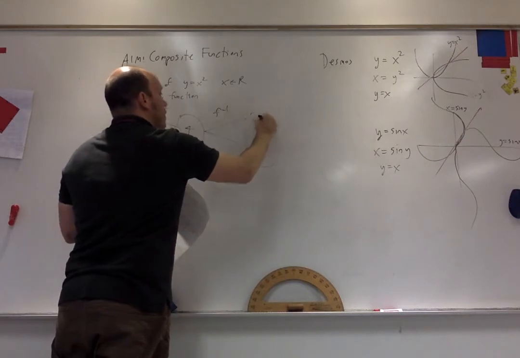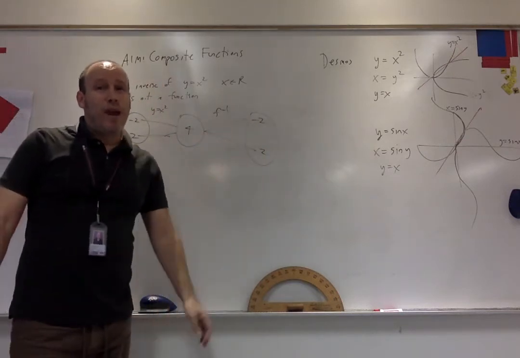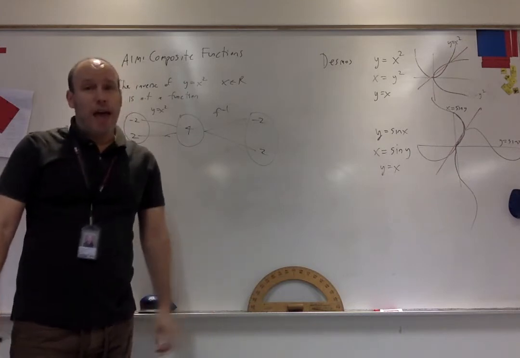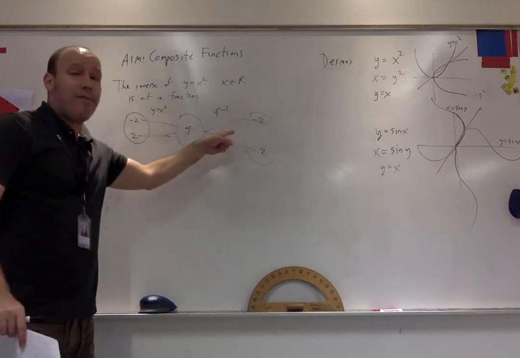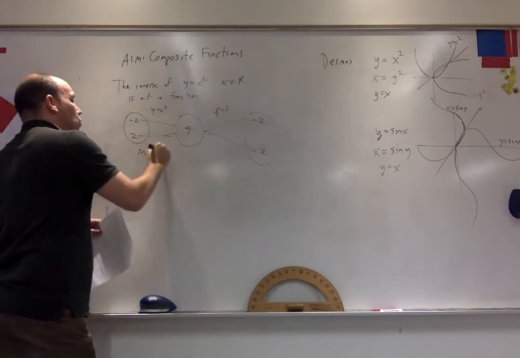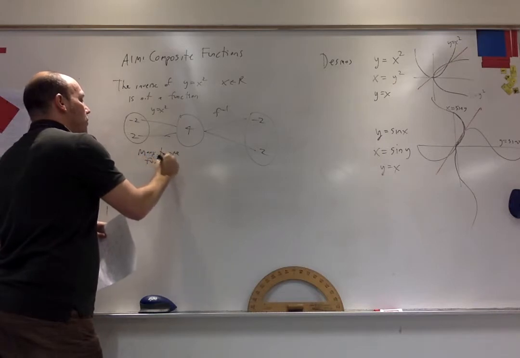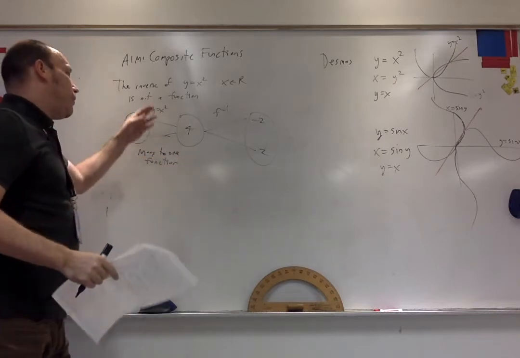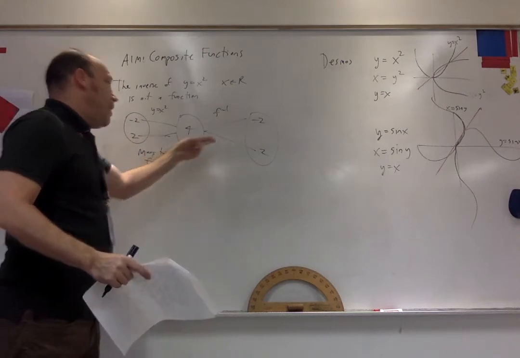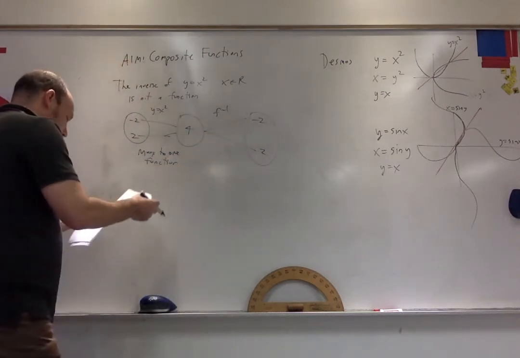It's taking it back to -2, and we know from our study of domain, range, relations and functions, we can't have that. Now, this is known as a many-to-one function. So the inverse of a many-to-one function is like one-to-many. That's no good.